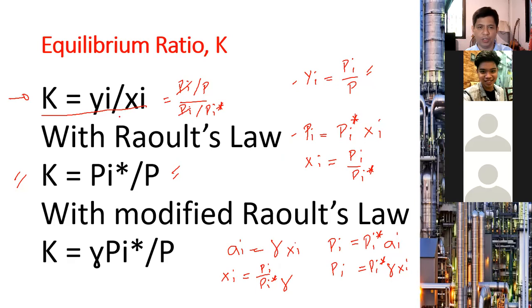So pag sinubstitute nyo dito, instead of P sub i over P, yun pa rin naman yan sa y sub i, P sub i over P. Ang magbabago lang yung ilalim. Yung ilalim kasi, P sub i over P sub i star times gamma na siya. So pag nag-cancel out ito, sa modified Raoult's law, you have P sub i star times gamma divided by P. Nakakasunod? These are basic derivation, ano? So I hope you can follow this at this point.